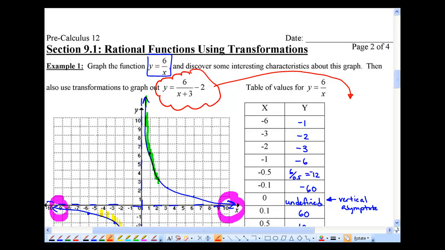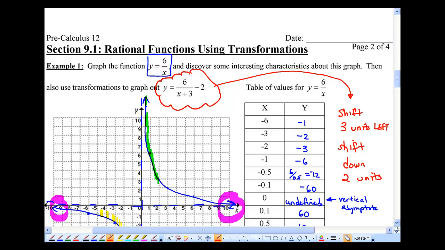That means you did something horizontally, and you shifted it, I believe, 3 units to the left. Yeah, correct. Left. And that minus 2 would also shift it down 2 units.